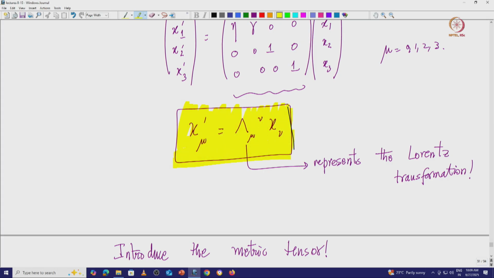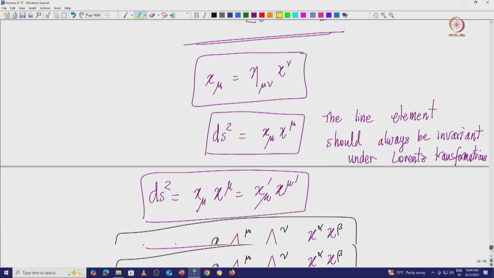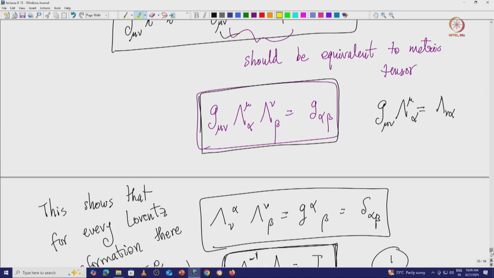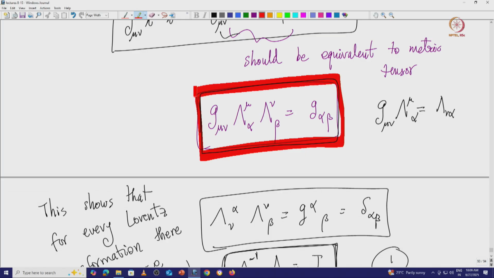Now just using this condition, and the second condition that the line element should be invariant under Lorentz transformations, using these two conditions we arrived at the following property: that the transformation of the metric tensor would give me this particular property.